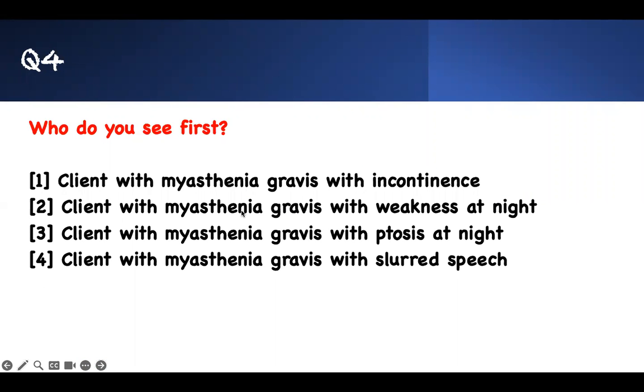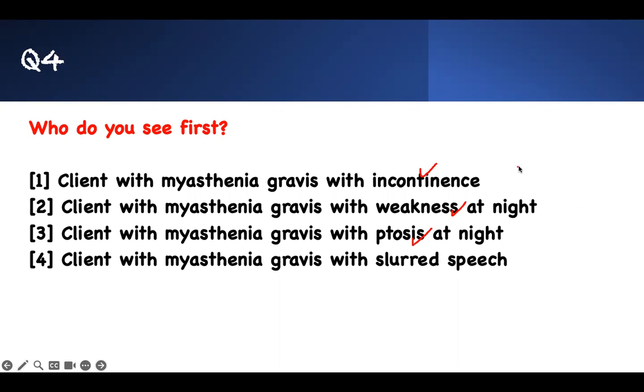Who would you want to see? They are all Myasthenia Gravis patients. Keyword: the only thing you care about for this neurological problem is airway. You are being sharp when you do that. So a Myasthenia Gravis patient with incontinence, I'm not worried about. Myasthenia Gravis with weakness at night, that is what I expect. Incontinence, that's what I expect. Myasthenia gravis with ptosis at night, I expect that.